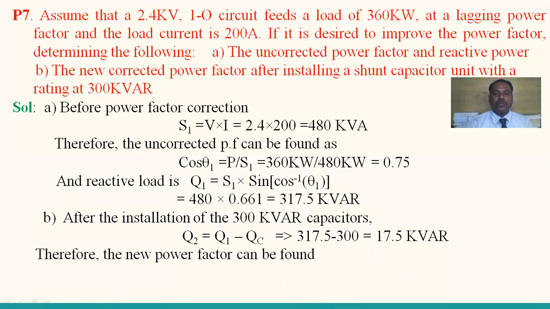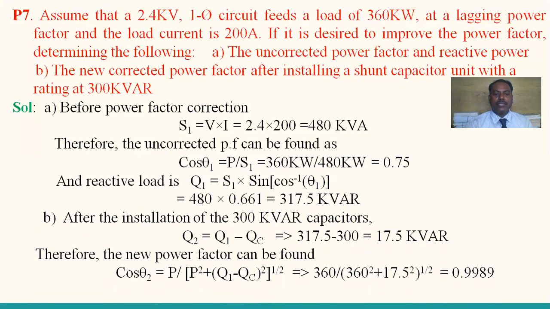Therefore, the new power factor is calculated as cos phi 2, which is equal to real power P by the square root of P square plus (Q1 minus QC) whole square. Apparent power can be written as square root of P square plus Q square, where Q is the difference between them, that is 17.5.